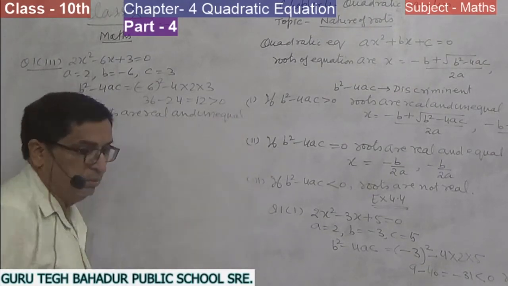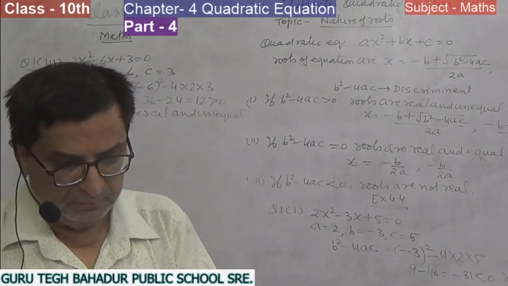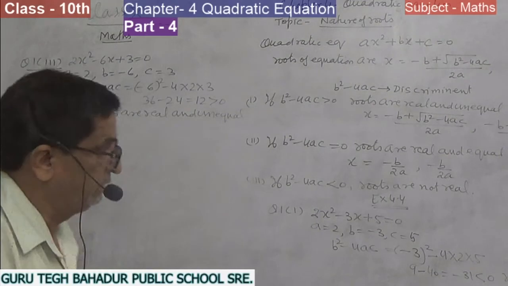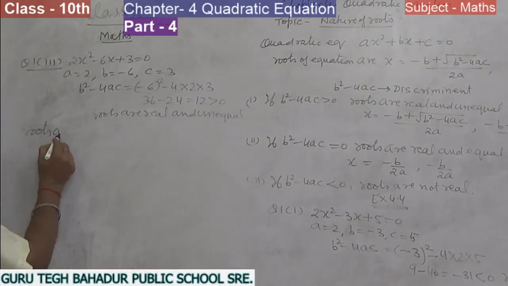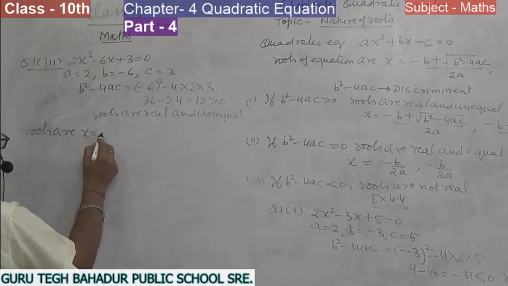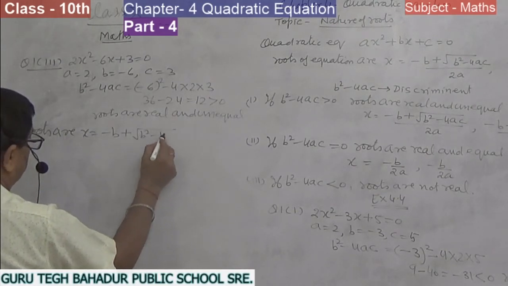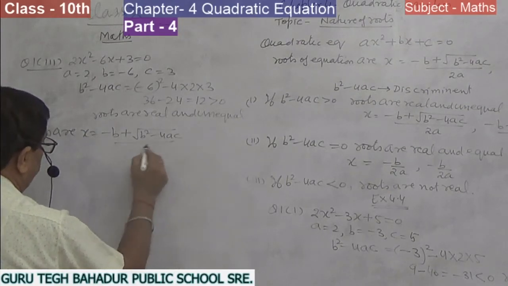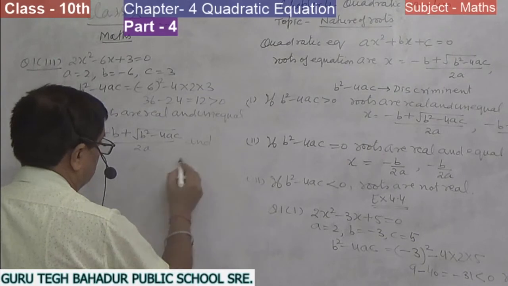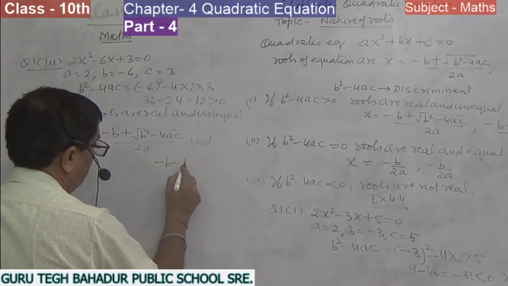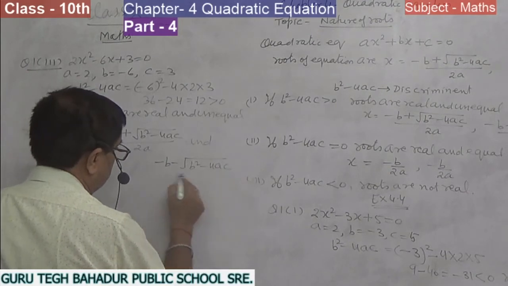When the roots are real, we will find the roots of the equation. So roots are x is equal to minus b plus root of b square minus 4ac upon 2a and minus b minus root of b square minus 4ac upon 2a.